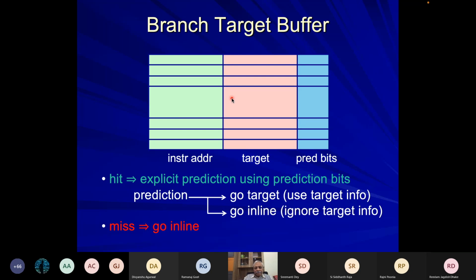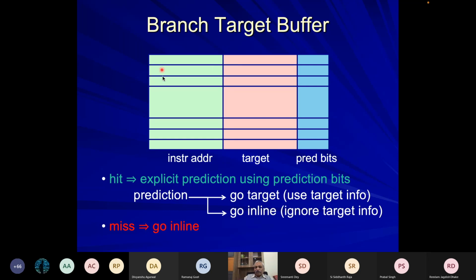Sir, if we are searching in this buffer table every time there is a branch instruction, won't that make it slow? Actually, I specifically mentioned that we don't search sequentially. Assume that there is comparison logic for each location.